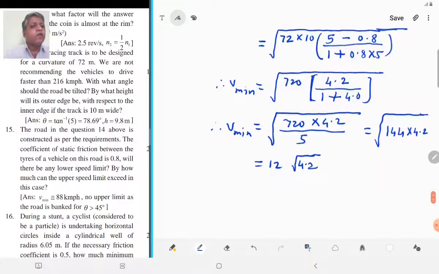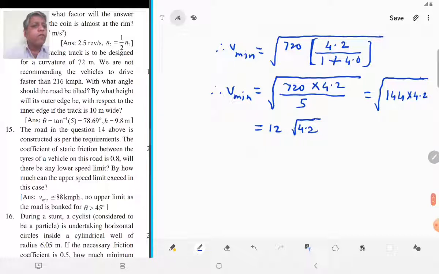Now find the square root of 4.2 by using the log table. This number is in between 1 to 10, hence we use the square root of 1 to 10 table. Therefore in 4.20 the value is 2.049.